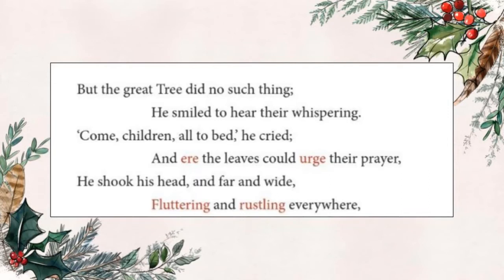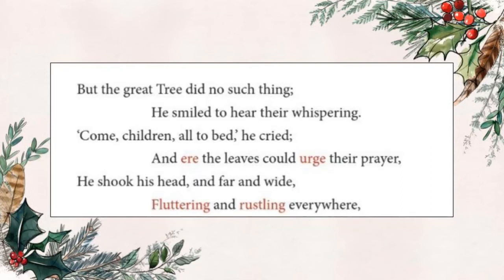Students, the father tree listened to their whispering. The father tree did nothing. Simply he listened to all their whispering and smiled. He shouted. Shouted means, here, he cried. He shouted, "Come, children, come all to bed."